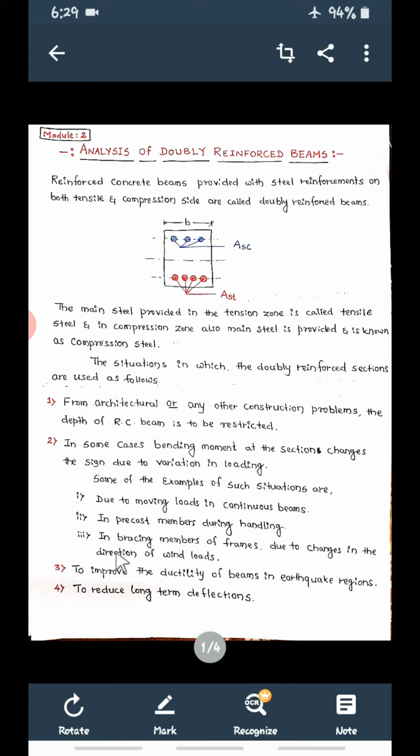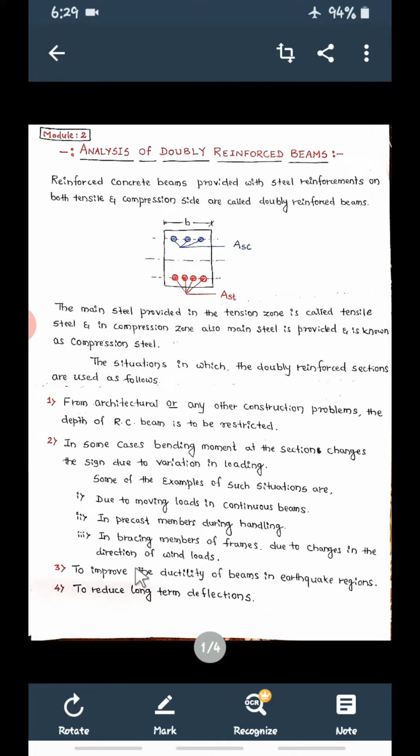Another important thing is members of frames. Right now you don't know about these frames, but in multi-storied structures, the frames are going to form. In these frames there are also bracing members. Inclined members we normally call bracing members.